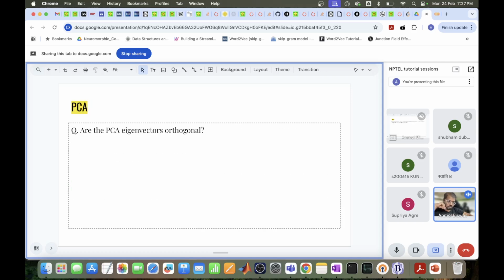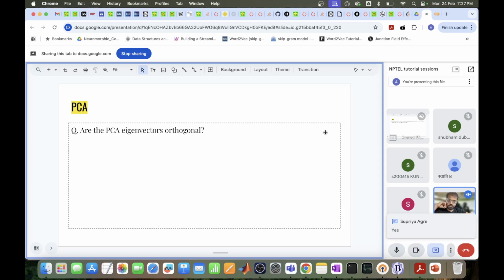So this is a short question. I think it was feedback from an earlier session, but the question, very simply, is: are the PCA eigenvectors orthogonal? PCA, principal component analysis, is a technique that we briefly discussed.